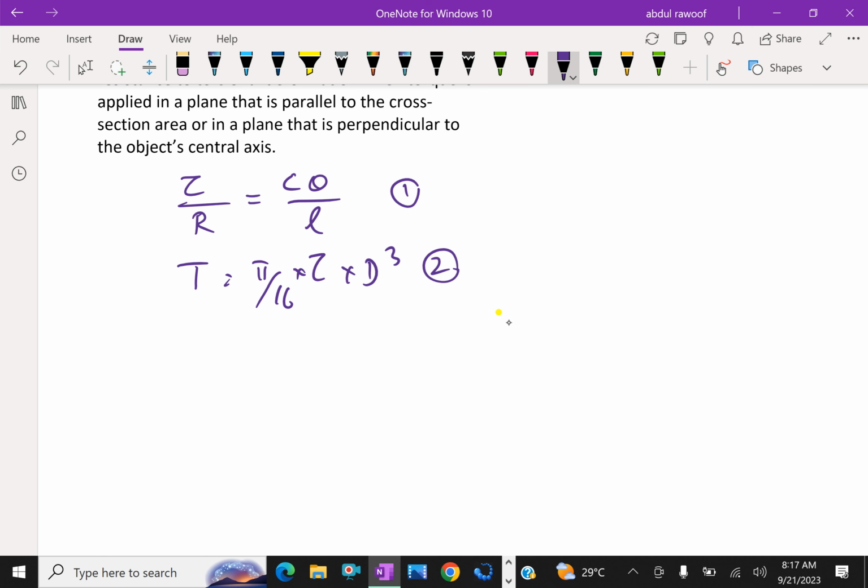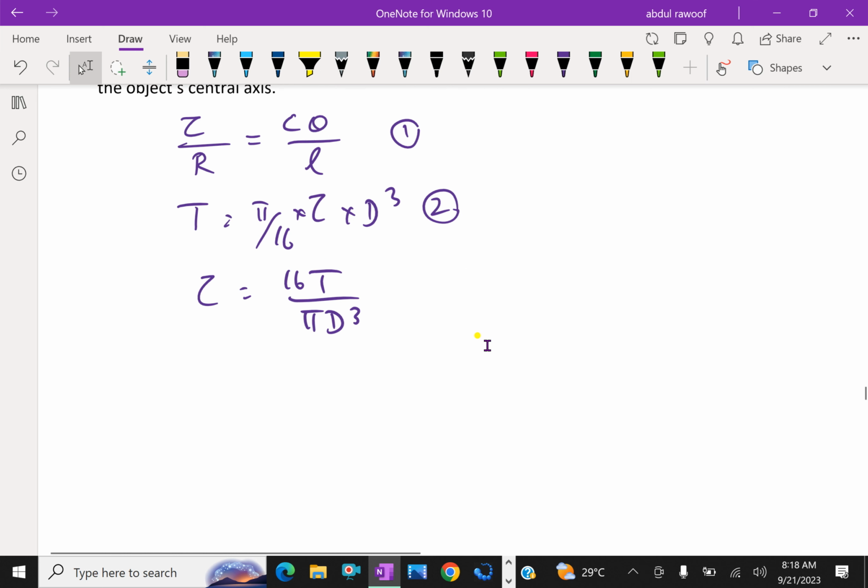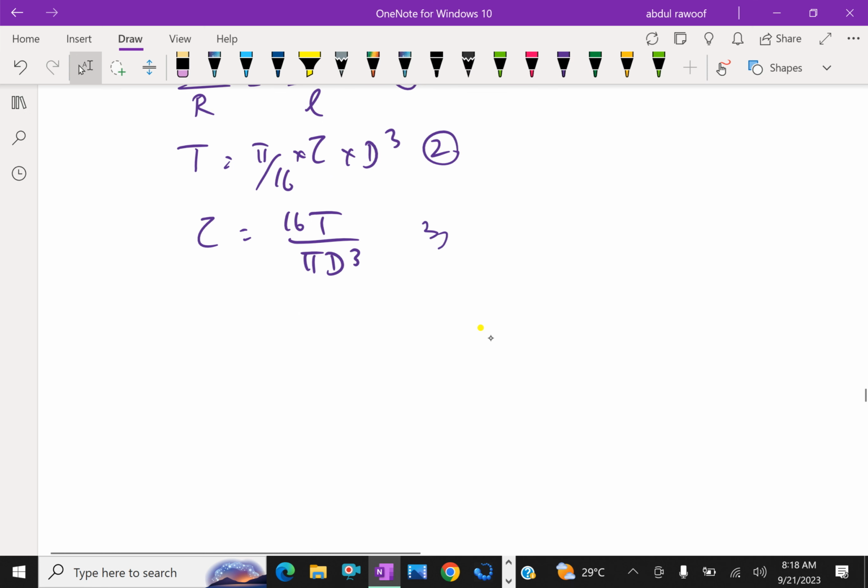This is equation 2. Now, we already discussed these two equations. From 1 and 2 we can get tau equal to 16T over pi d cubed. Substituting tau in 1, this is equation 3.